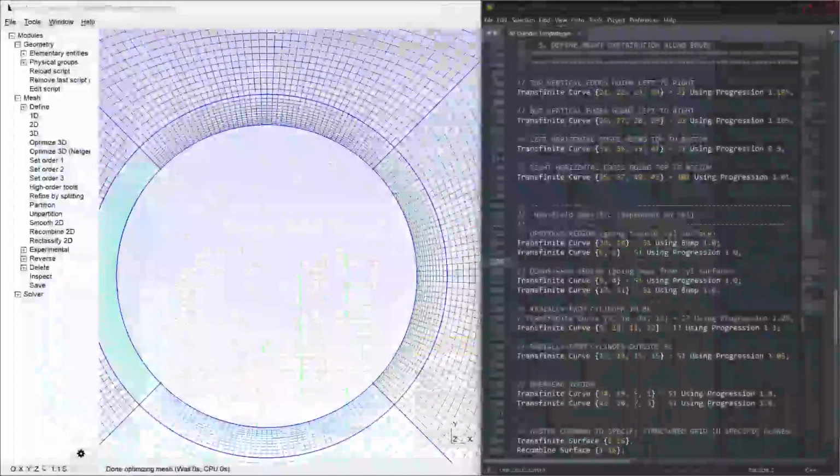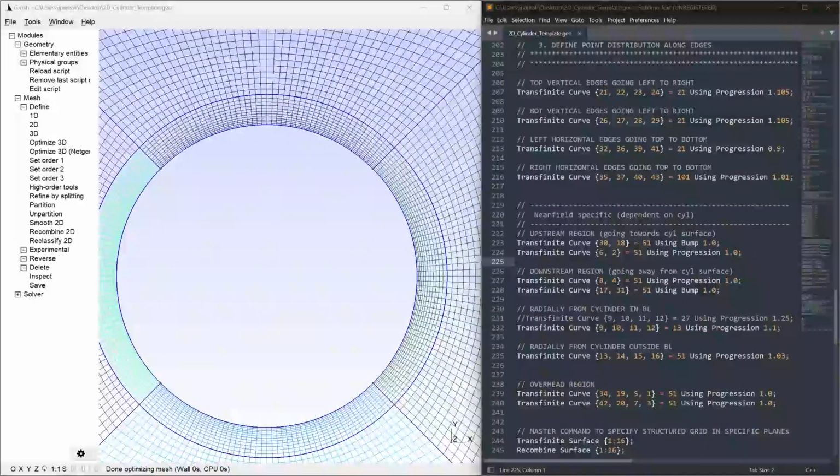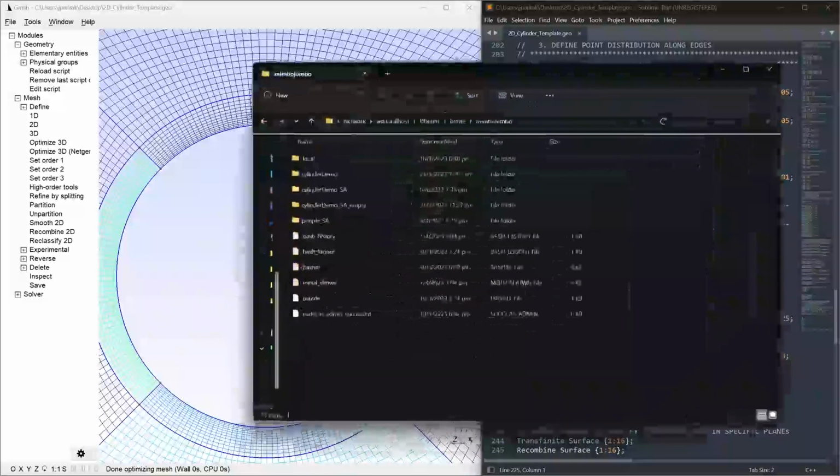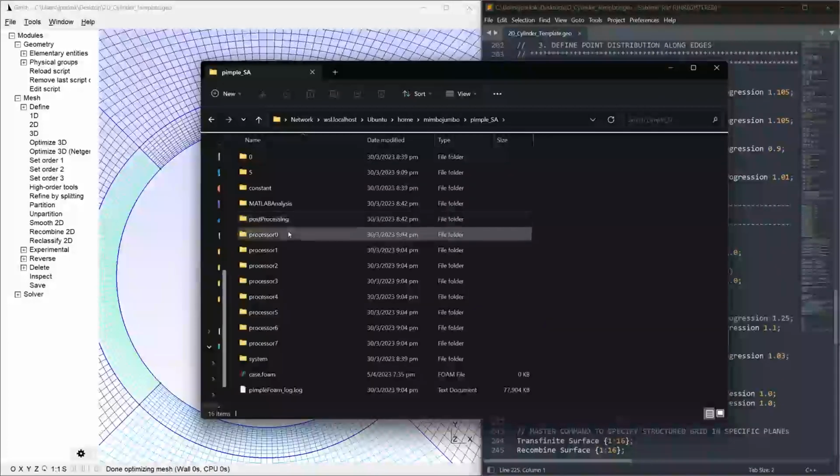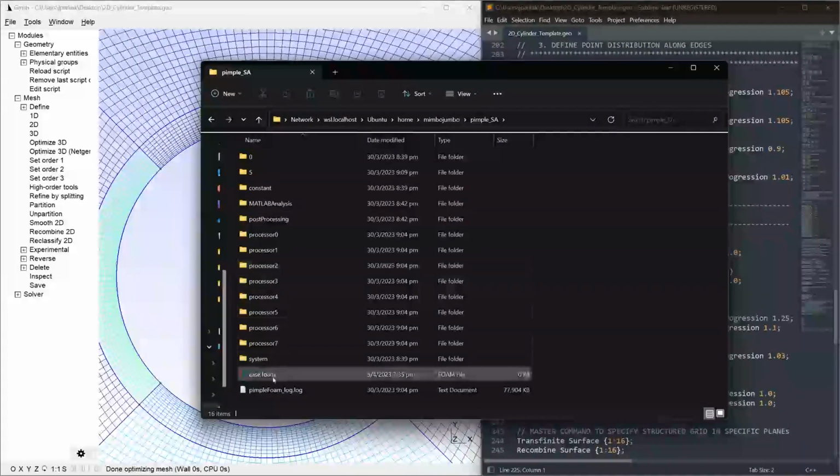Okay, so let me actually open up the demo case that we gave you. This is the case that I showed before, where I've already run it to 5 seconds.